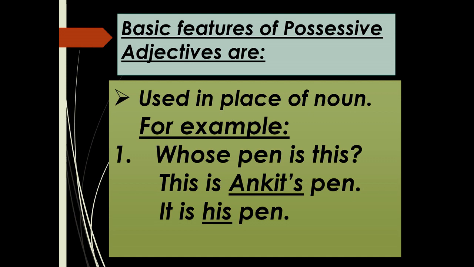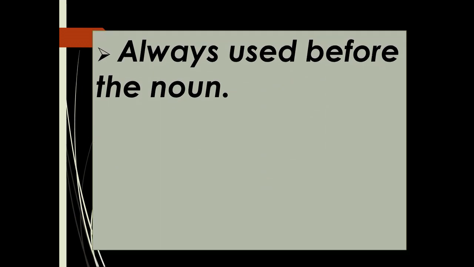So in short, we can say all those words that are used in place of noun to show the ownership on someone or something are called possessive adjectives. Second feature is, it is always used before the noun.